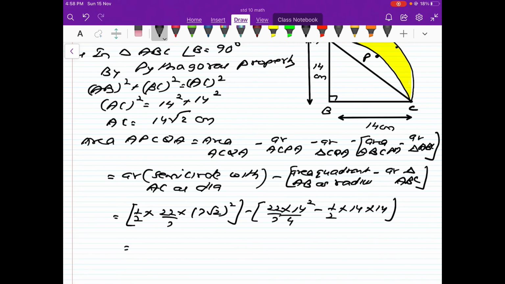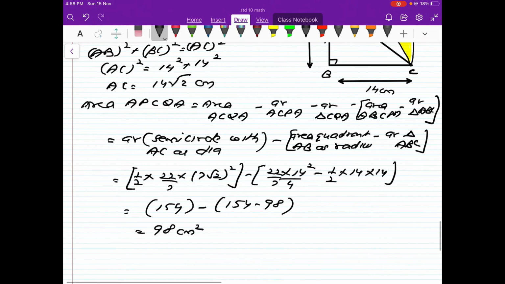So this we are getting 154 minus 154 minus 98. So your final answer we are getting is 98 centimeter square, which is the required area.